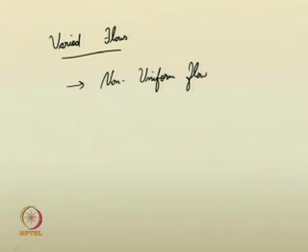You may encounter several types of non-uniform flow. In some cases, if you construct a dam, the water splashes out from the spillway to the downstream. This is a particular type of non-uniform flow. We will discuss what that category of non-uniform flow is called in the later part of this lecture series.